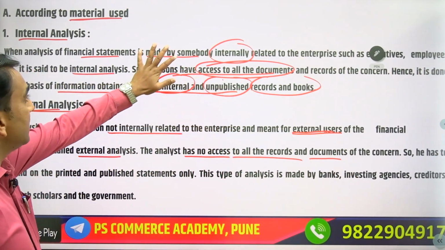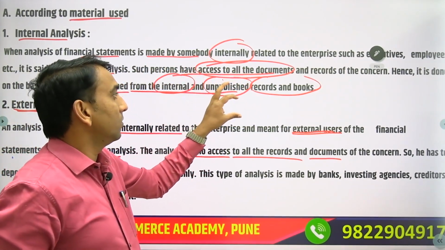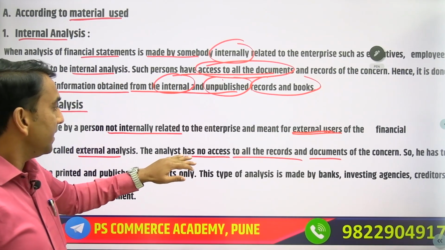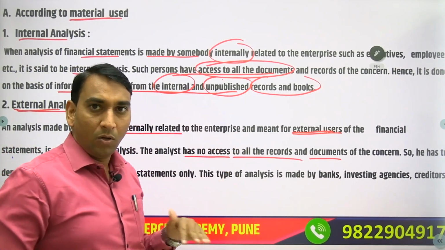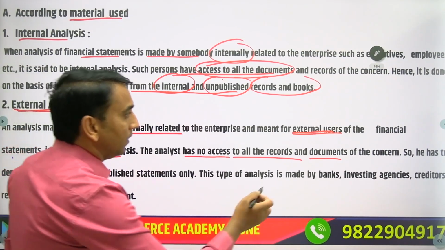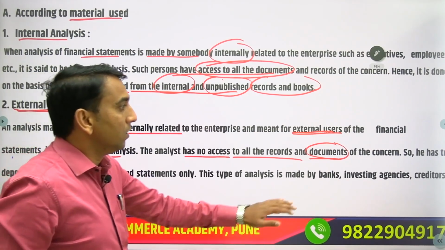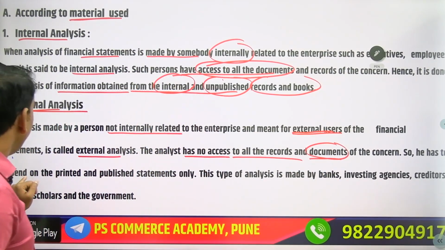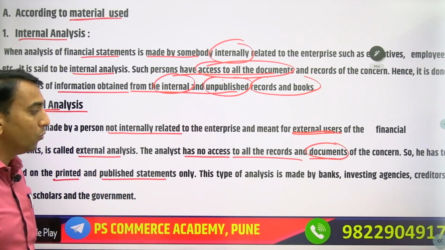In internal analysis, you have whole access, but in external analysis you don't have full access. No document you will get, except the published document. He has to depend on the printed and published statement only.